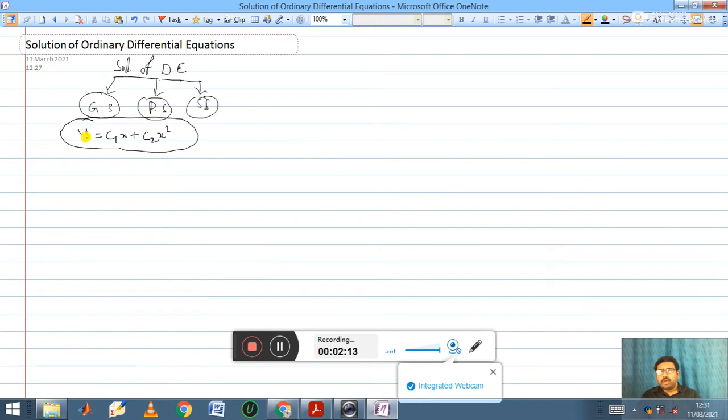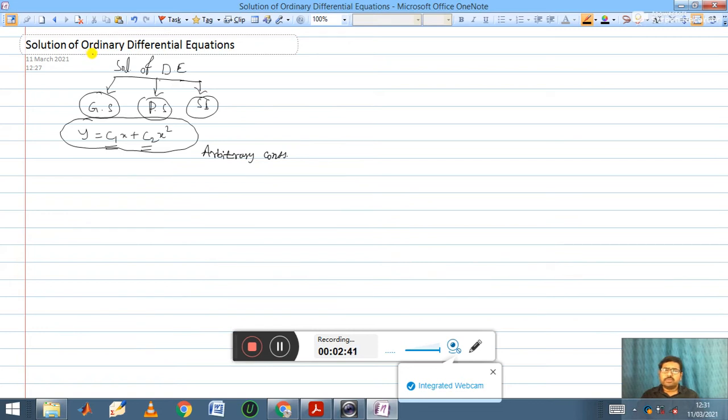Here y is the dependent variable, x is the independent variable, and it consists of two constants c1 and c2, which are known as arbitrary constants.